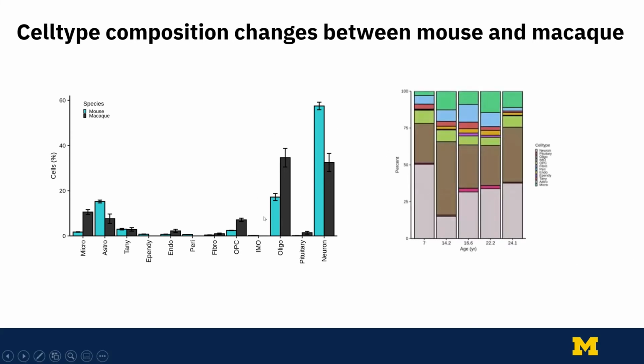These differences in cell type proportions can't be explained by differences in age, sex, or treatment, because across the macaque, we did not see any obvious association with age, sex, or treatment with these distinct cell type proportions. We think the differences are likely due to either biological or potentially technical variation between the species.